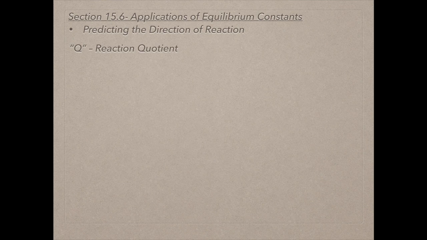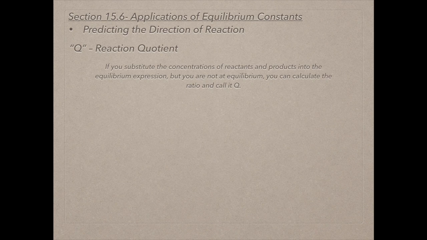In order to determine this, we use a value that's called your reaction quotient, which we represent with a Q rather than a K. If you substitute the concentrations of the reactants and the products into the equilibrium expression, but you're not at equilibrium, you end up calculating Q, your reaction quotient.